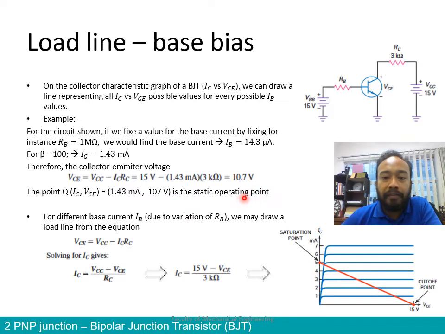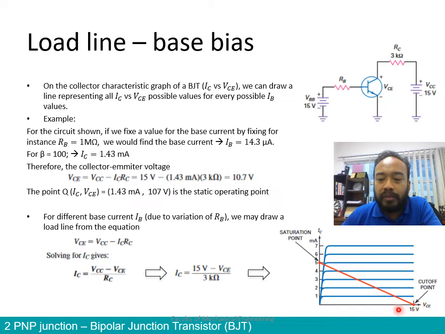So if you have your IB equals to 14.3 microamps, which means that you have RB equals to 1 mega ohm, you will have your transistor operating at 1.43 milliamps and 10.7 volt of IC and VCE. So where is it in this graph?